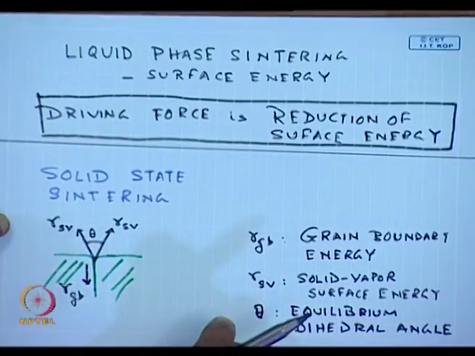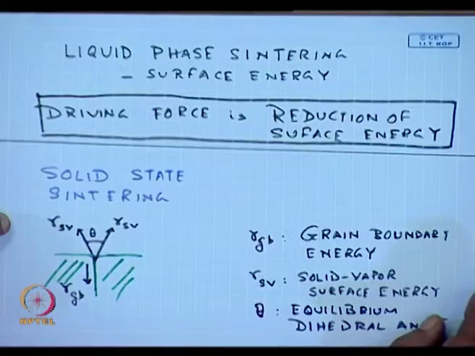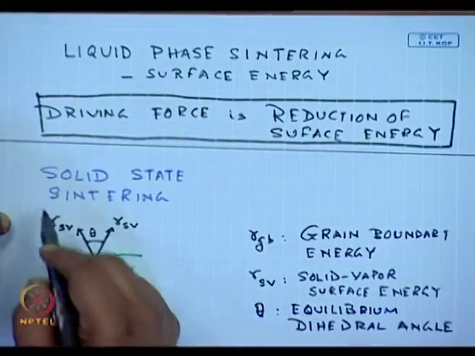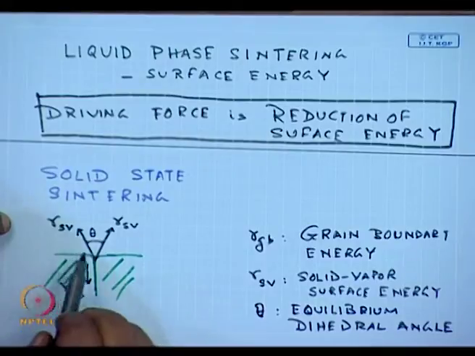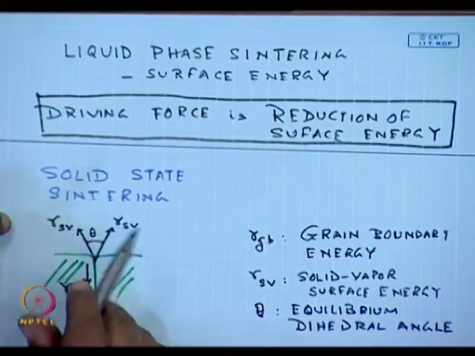This dihedral angle plays a huge role in determining sintering, and it is dealt with very extensively, as I said, in the book by Barsoom. You should look at the mathematical calculations over there. This is the state in solid state sintering, where I have grain boundary energy and solid vapor.